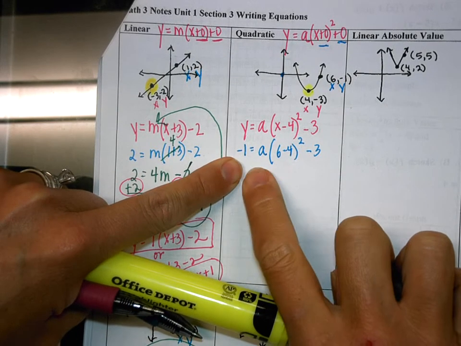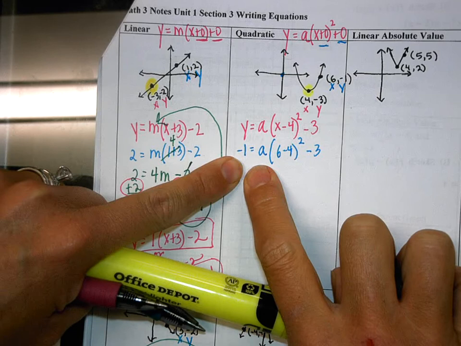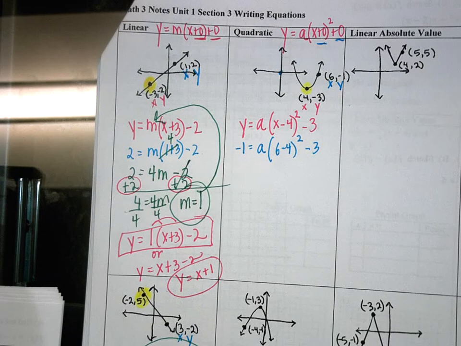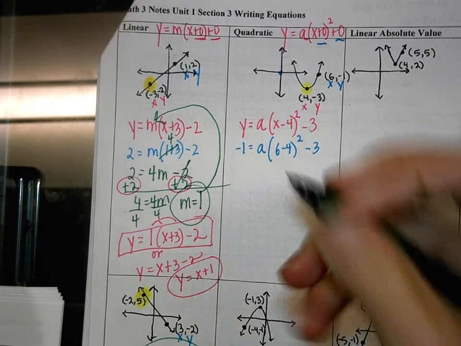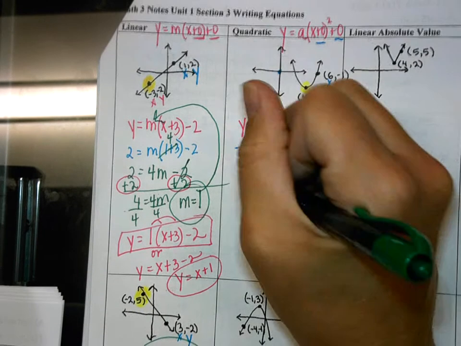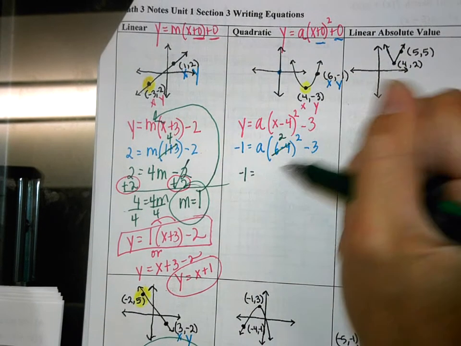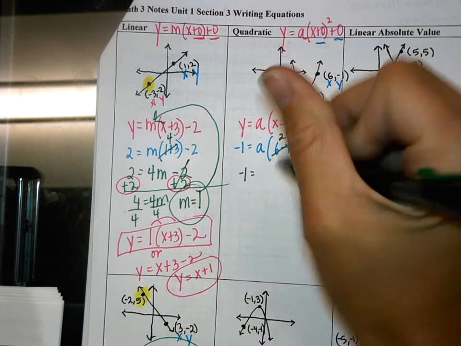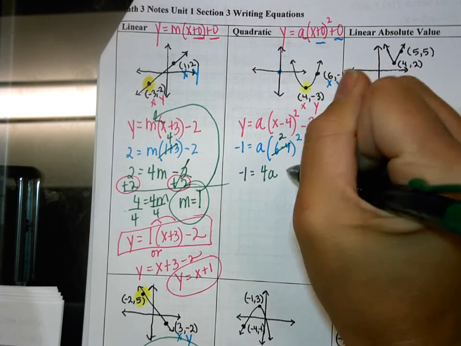So now my only variable is that a value. And we will simplify. What is 6 minus 4? 2. So I have -1 equals, and 2 squared is what? 4. So we have 4a -3.